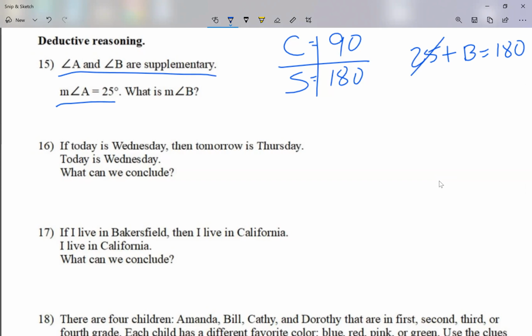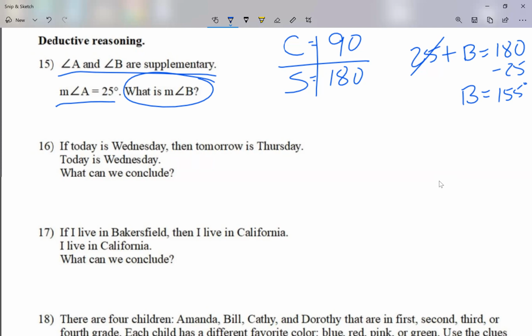Let me subtract the 25 from each side. So I'm going to get that angle B is 155. Because here he's asking, what is the measurement of angle B? 155. Notice based on some premises, I came out with the conclusion. I could not have just asked you, what is the measurement of angle B without giving you premises? So that's what we call deductive reasoning.